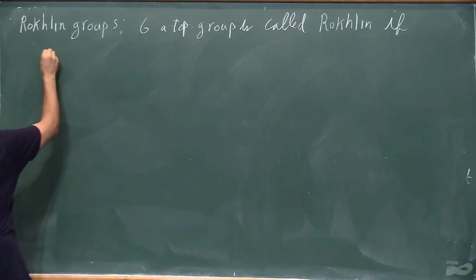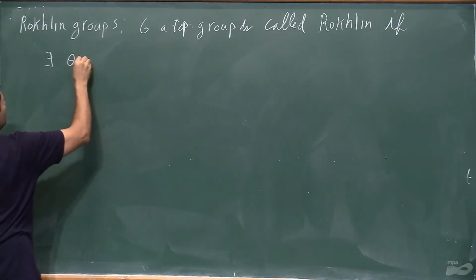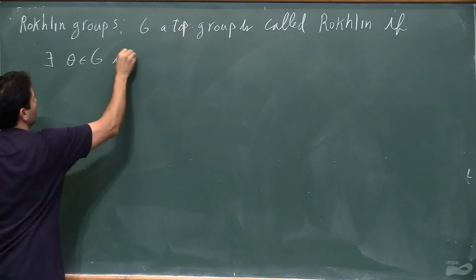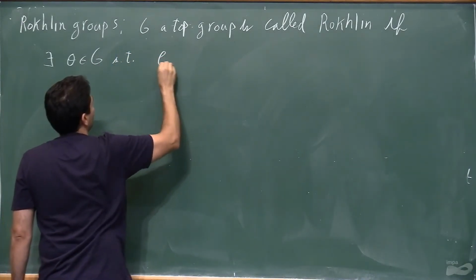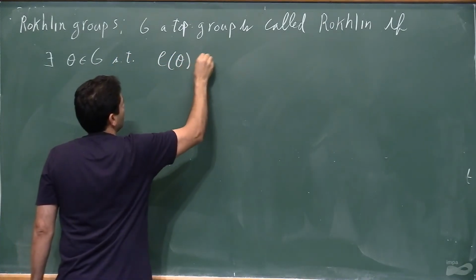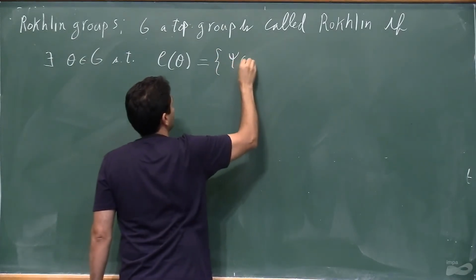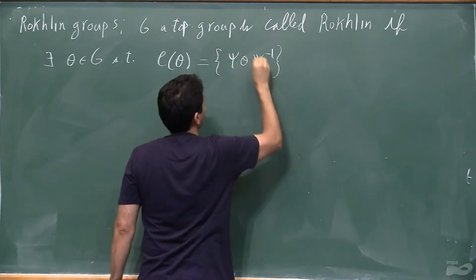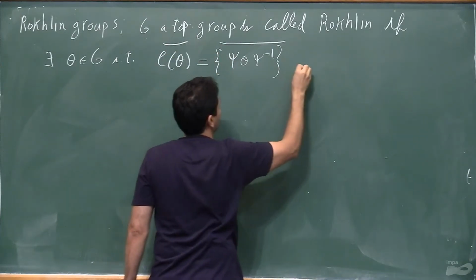If there exists theta in G such that the conjugacy class of theta, so this is psi theta psi inverse, if you take its closure with respect to whatever topology you have, you get the entire group G.